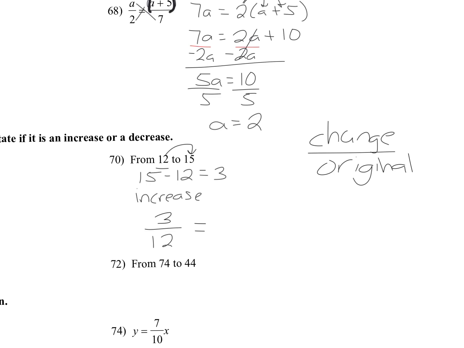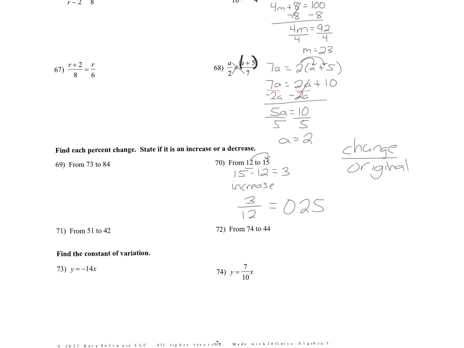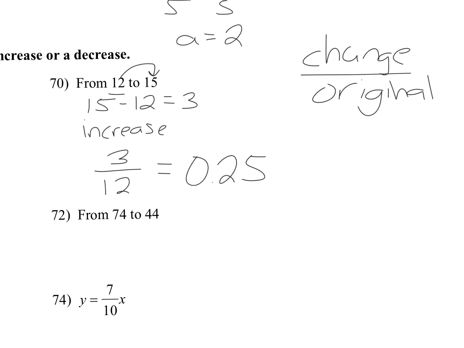Then you want to divide those. What's 3 divided by 12? 0.25. Can we leave it like that? Because it wants percentage. Yep, so we need to multiply by 100 to get us 25%.